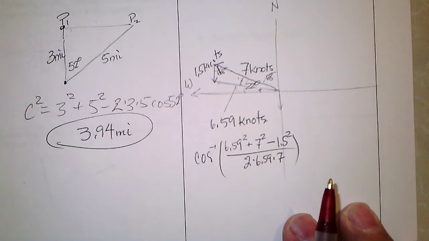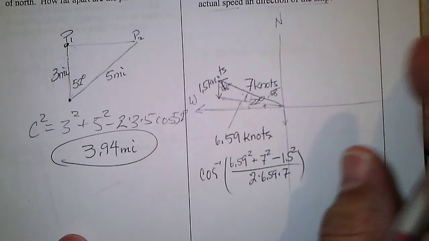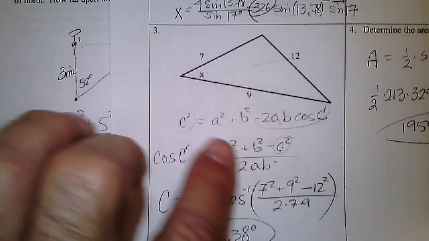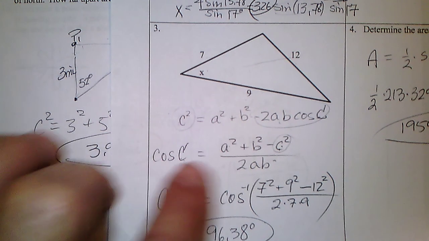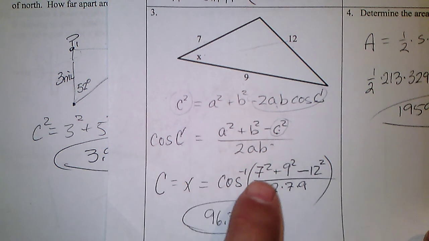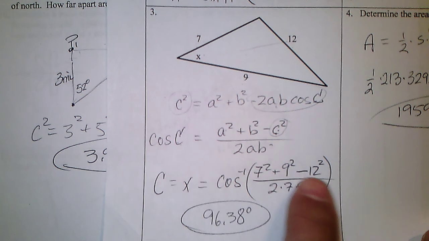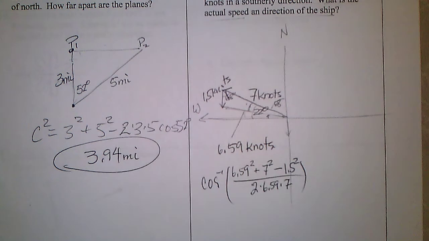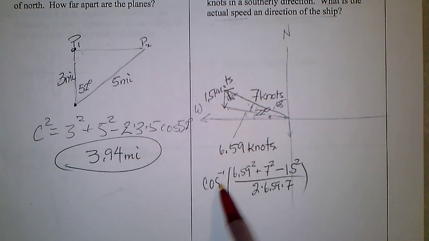This is like this problem here, where we're using the three sides to find the angle. So I'm doing cosine inverse of the adjacent side, opposite side over the 2 times adjacent side. So that's what I'm doing here.